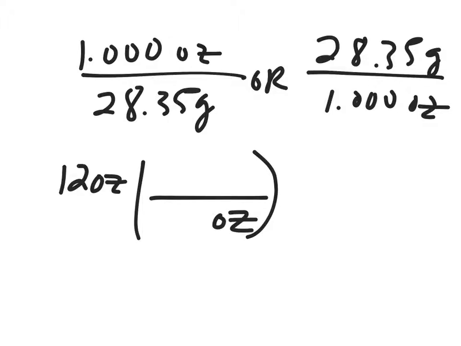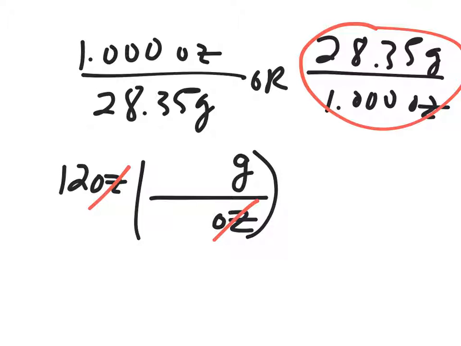So if I put ounces on the bottom, when I multiply, those ounces are going to cancel out. So I'm going to write my conversion factor with ounces on the bottom and grams on the top. So see how I wrote my units first? Then I'm going to fill out the numbers. So that means we're going to use this second conversion factor in our multiplication.